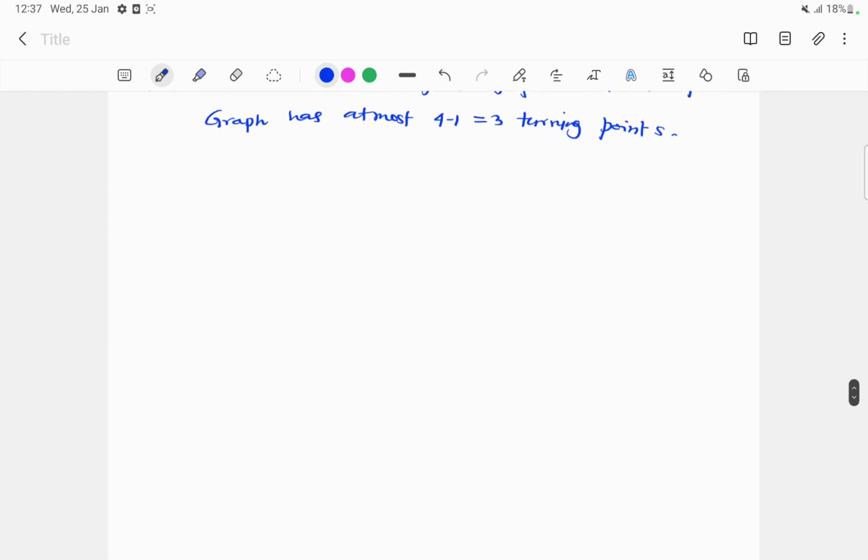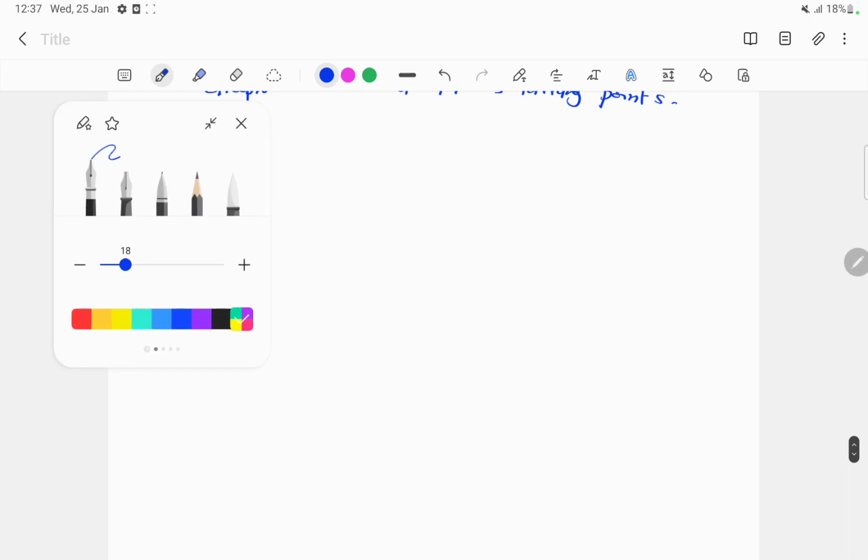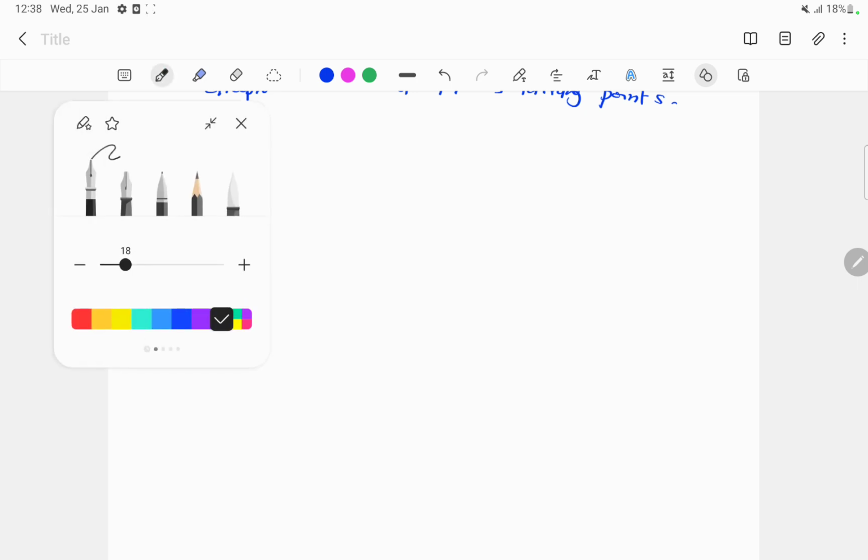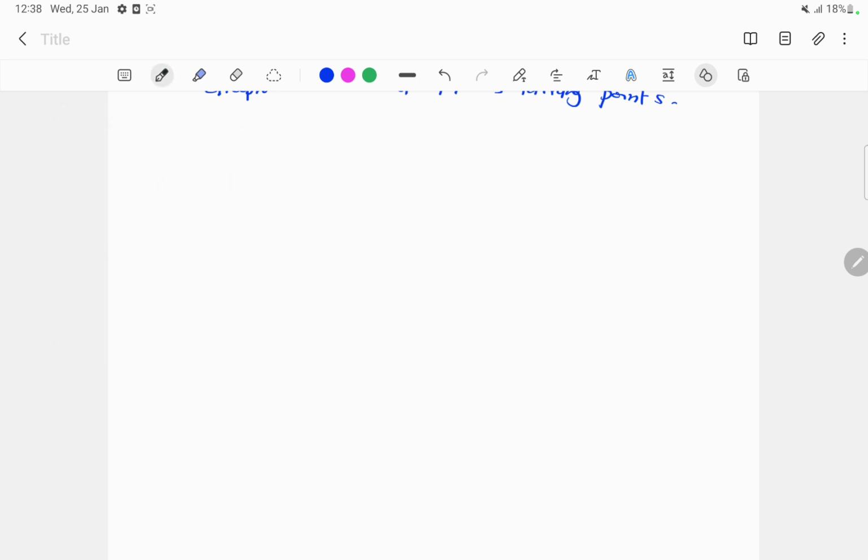So let me draw the graph now. Firstly we need an x-axis, so let me draw the x-axis, and we need the y-axis, like that.